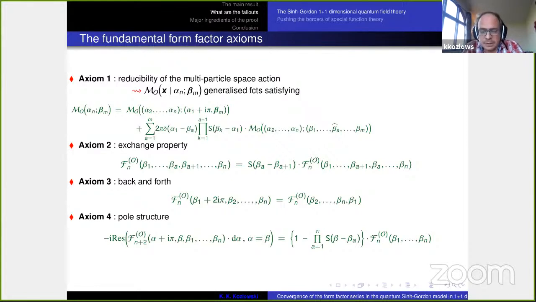And of course, today there are many ways to justify a posteriori the presence of these axioms, but I would say that a priori, it's not clear at all that such axioms would work.